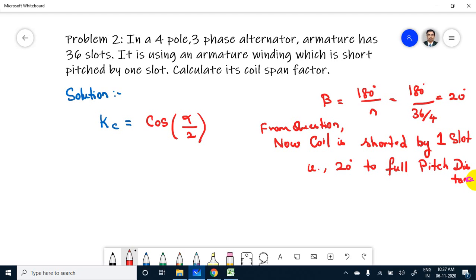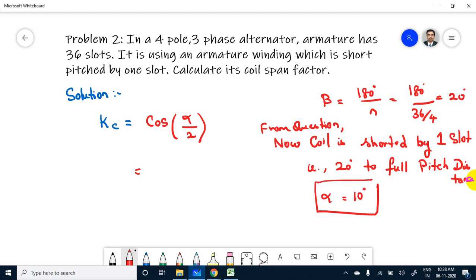This is the full coil. If I consider half of the portion, how much is it? This is for the full coil, 20. So alpha for short pitch is nothing but 10 degree. Half of the portion you have to take.